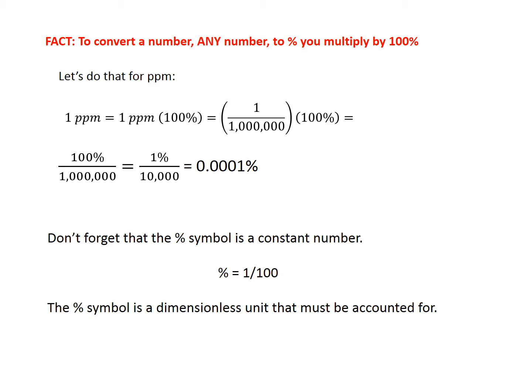Of course, that's not an issue here. I think you understand that. But it's a dimensionless unit that you have to account for. And when you substitute something for ppm, you really have to write something that actually equals ppm. You don't want to substitute something that equals 100 ppm, because then it's not correct.